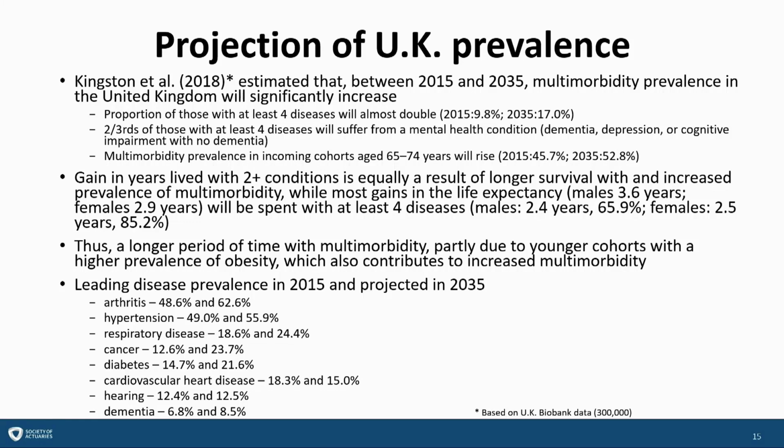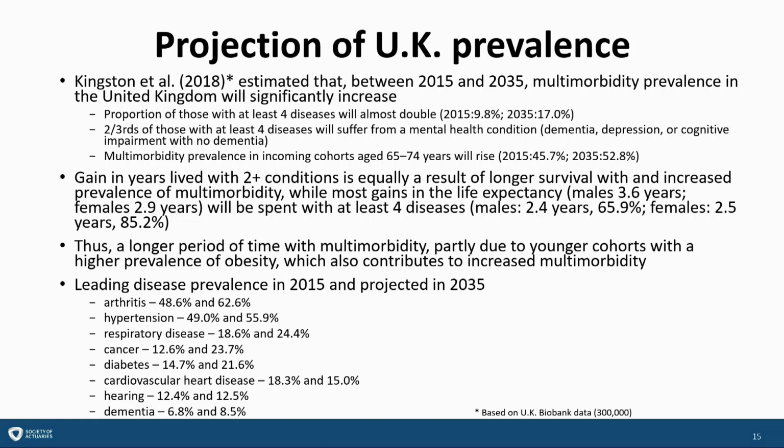So far I've alluded to mostly physical conditions. Well, when you bring mental conditions into consideration as well, whether you talk about dementia or, for example, depression, you get almost a different viewpoint in terms of mortality prospects.